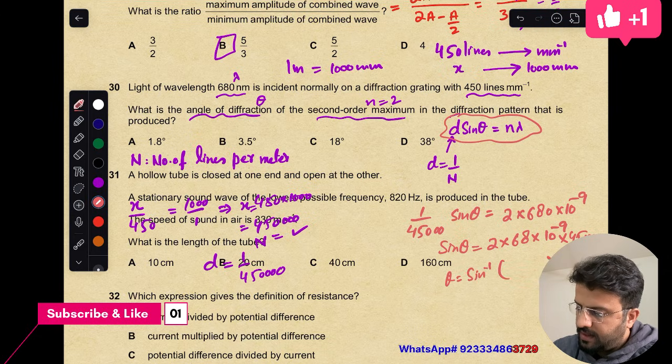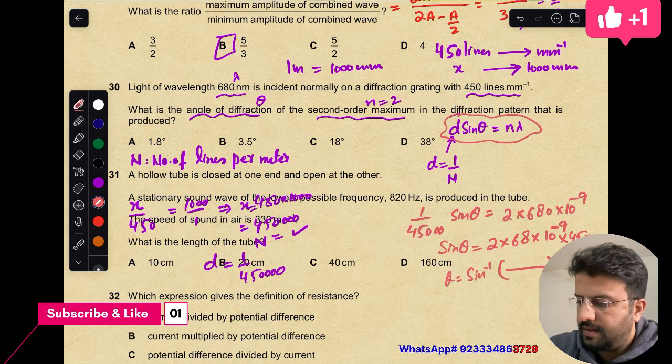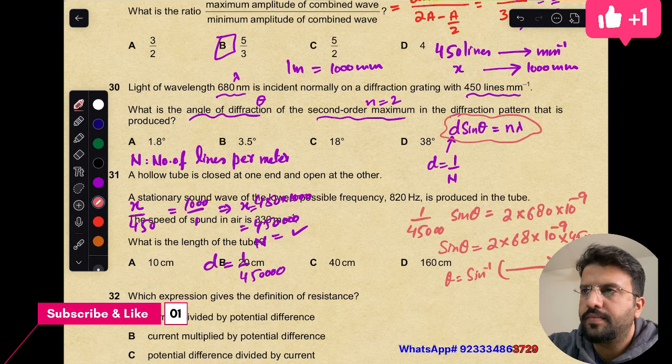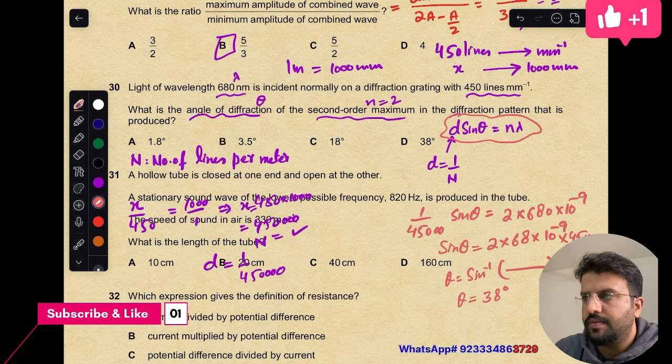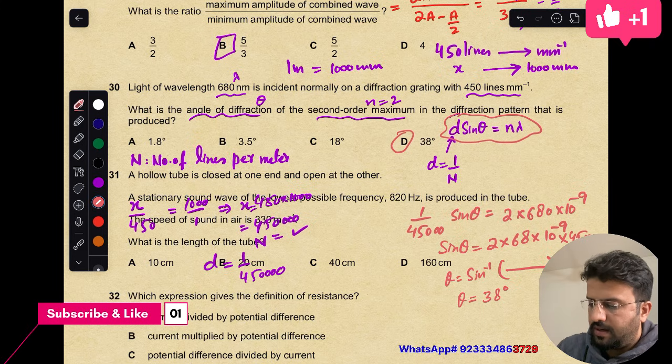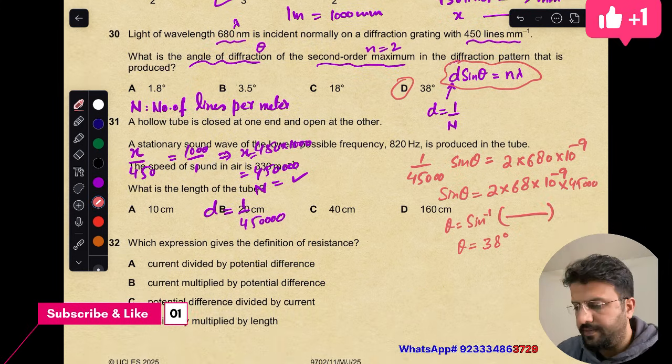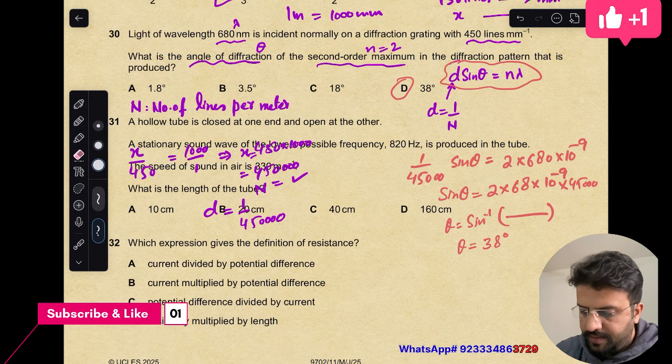So theta is equal to sine inverse of this whole value, whatever you get. Let me calculate this. When you calculate this, you will get theta equal to 38 degrees. So it's option D we have, right? Let's move to the next question.